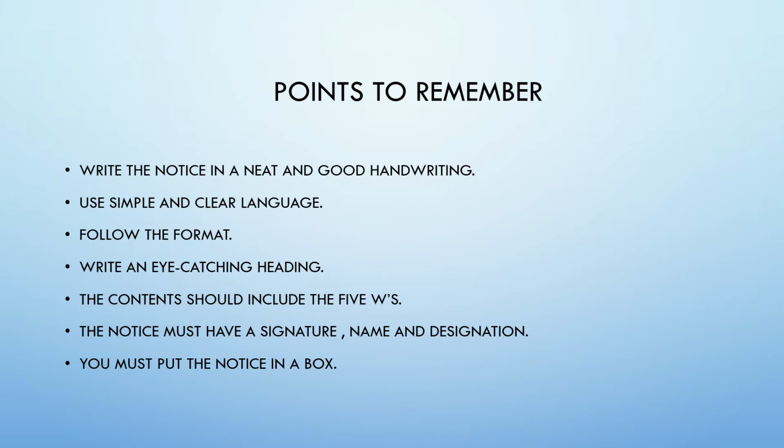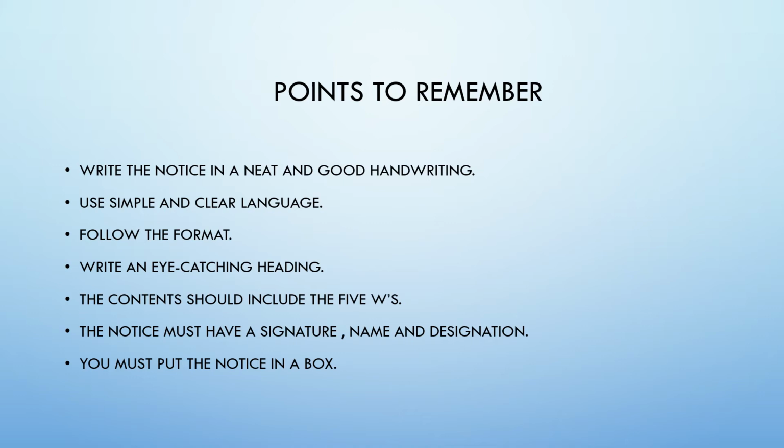Then, when the 5 W's or all the information is over, the notice is useless if it does not have a signature of an authorized person. That means a person in authority. The first thing will be the signature, under it the full name, and last of all the designation.